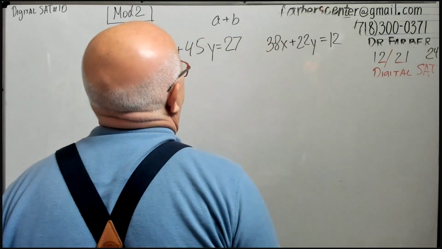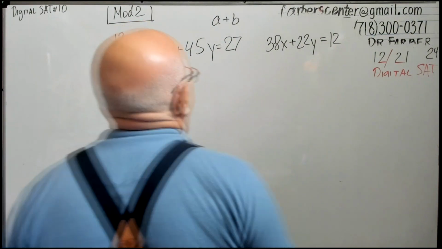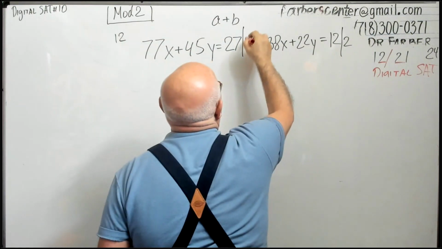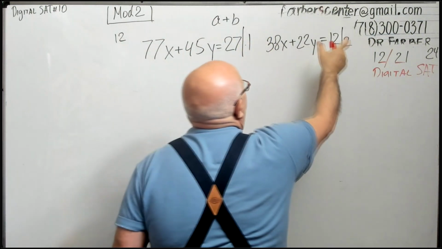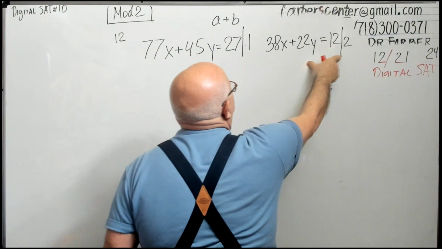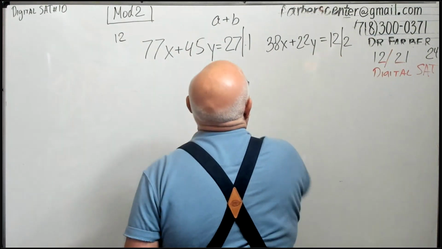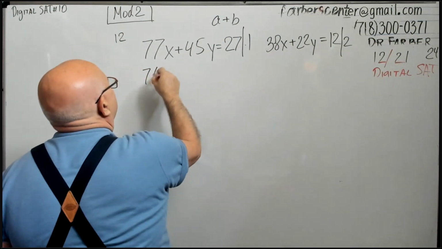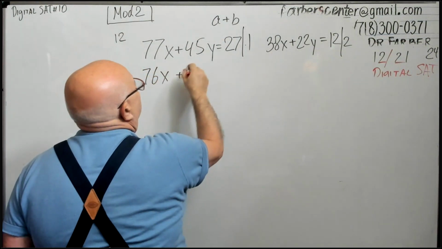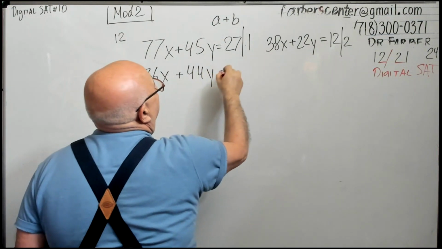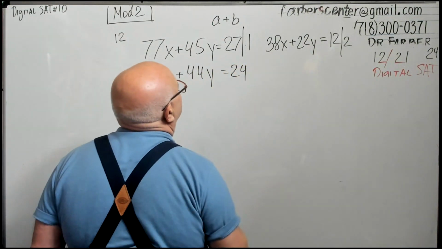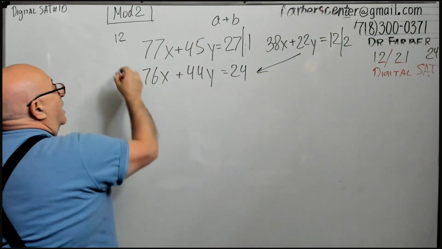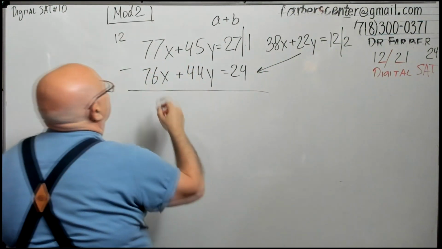It's x + y. Look at this. If I multiply this by 2 and this by 1, and after that copy and paste it over there, it would be 76x + 44y = 24. I plug it in over there. If I subtract, I instantly get what?